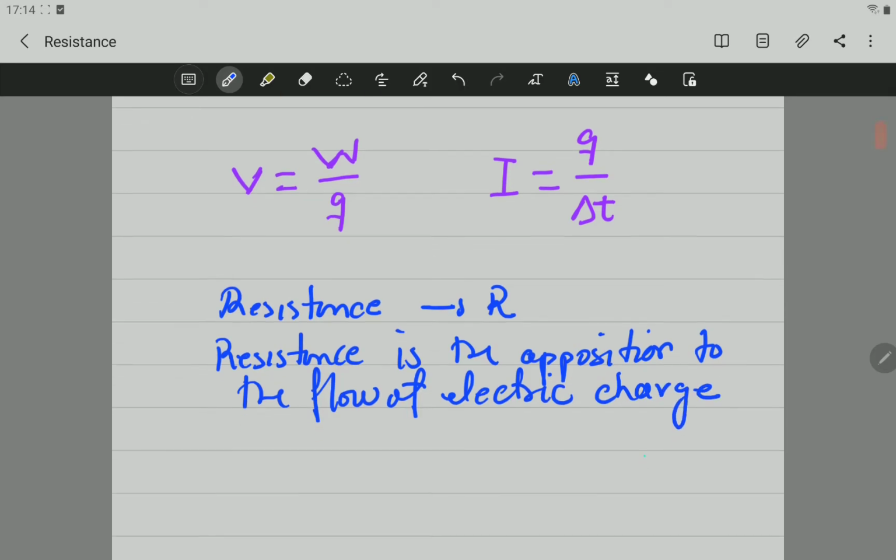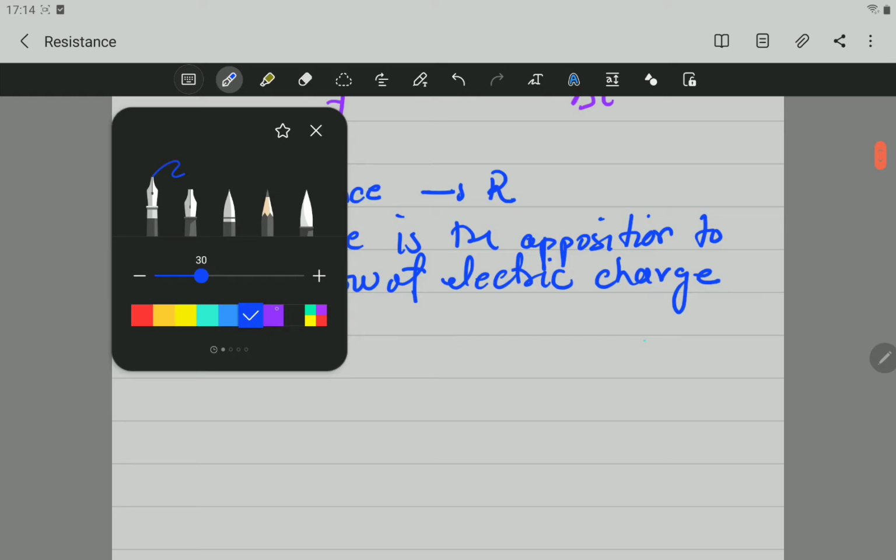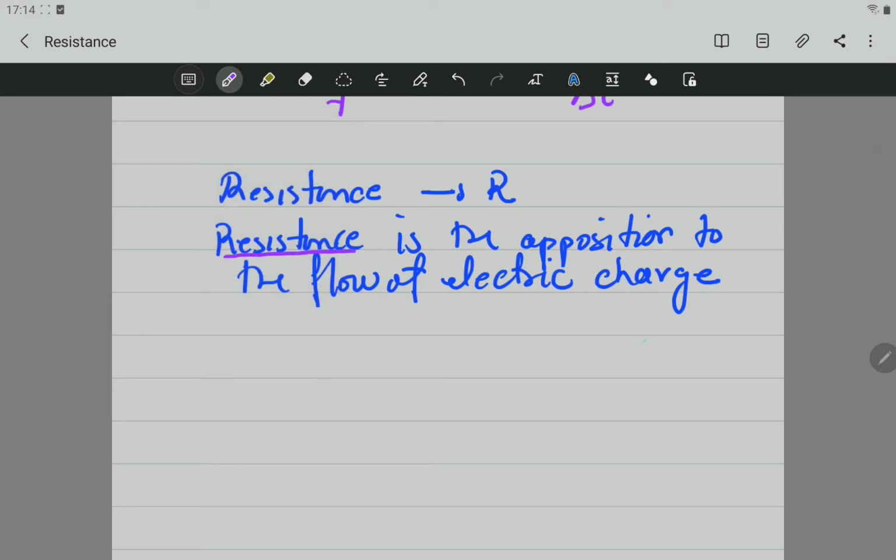How difficult it is for charge to flow through a circuit or through a component of a circuit. That is what we call resistance.